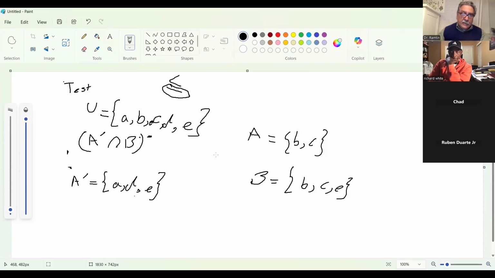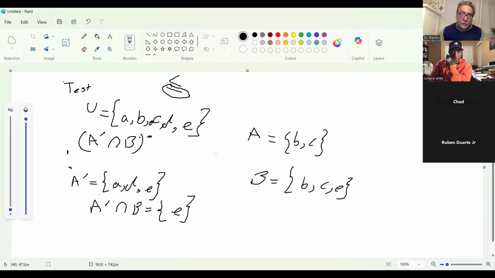Then the intersection of that with B. Well, B here is B, C, and E. What's common between B, C, and E is only E. See that? Okay. So the intersection of not A and B would be E.